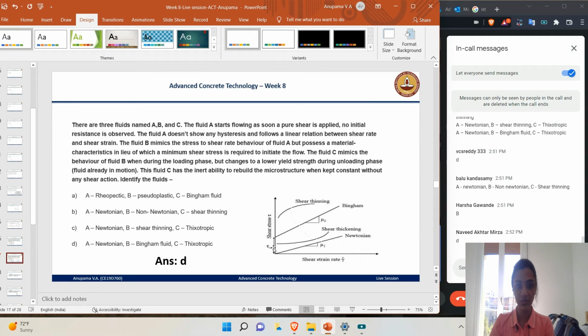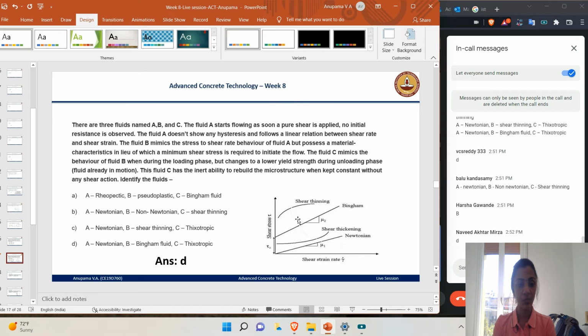And one more additional thing is that it can rebuild the microstructure when it is kept constant without any shearing. That is the exact definition of thixotropy. So option D clearly matches the descriptions given: A is Newtonian, B is Bingham fluid, and C is thixotropic.